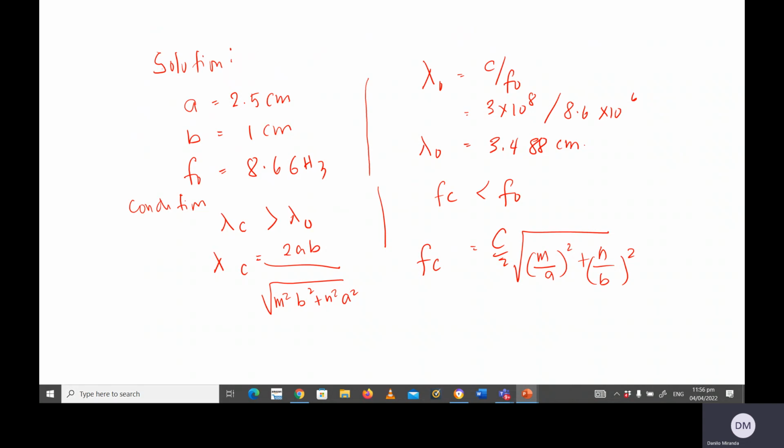And then, alam natin, yung TE sa TM sa rectangular waveguide, nagsisimula sa 1, 1, TM 2, 1, TM 1, 2, and maybe good up to TM 2, 2. So on and so forth. Ang dominant mode ay nagsisimula sa TE, transverse electric 1, 0.